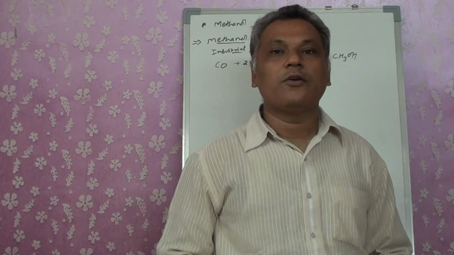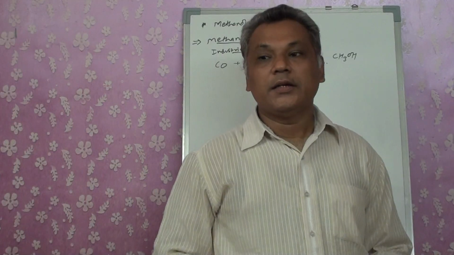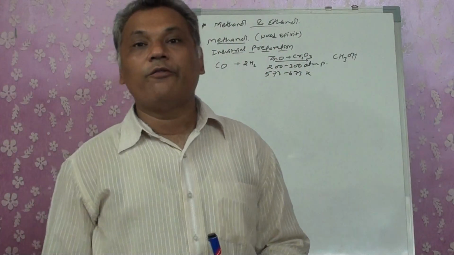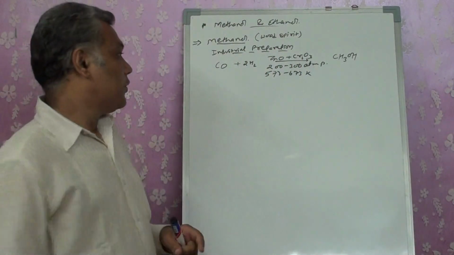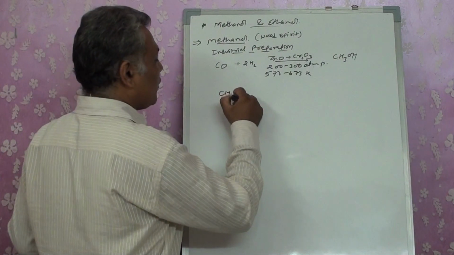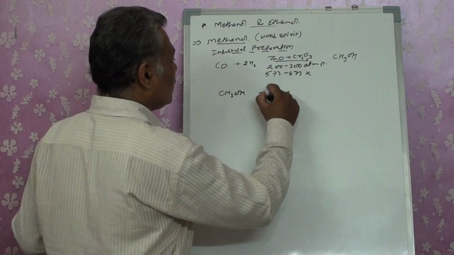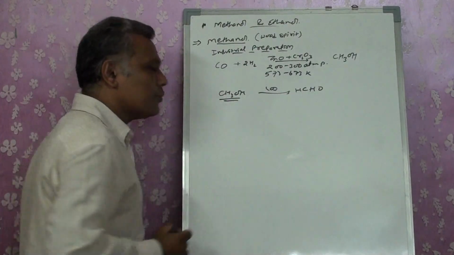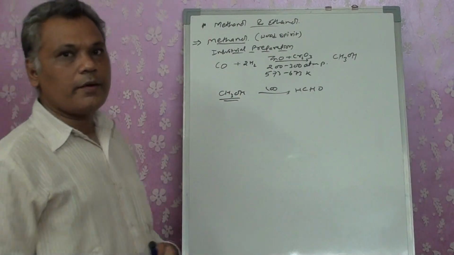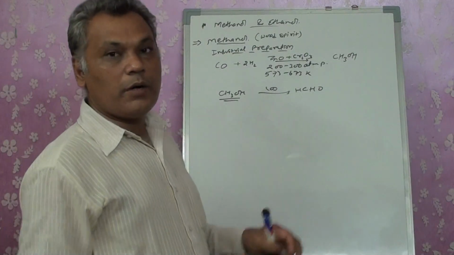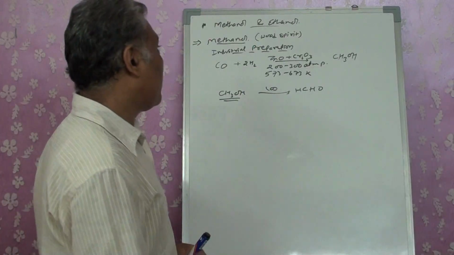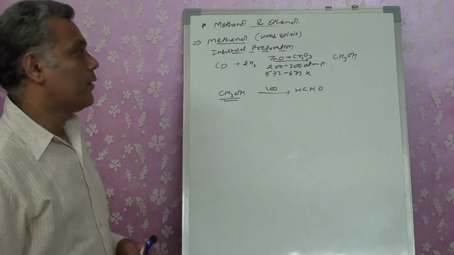It is used as a solvent, as well as for the most important compound produced from methanol, that is formaldehyde. CH3OH on oxidation produces HCHO. This is the most important use of methanol other than as a solvent. But being a poisonous substance, it has to be handled very carefully, right?